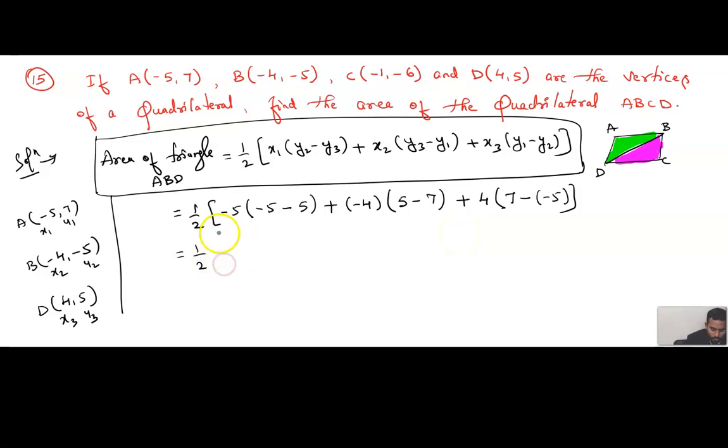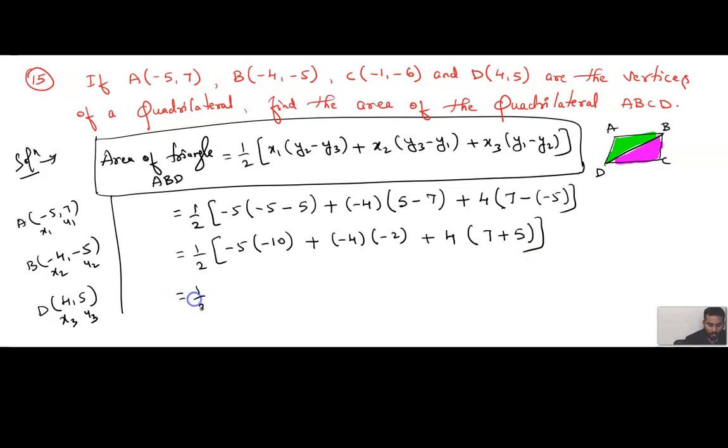Now we can see the steps. Half into minus 5 into (minus 5 minus 5, that is minus 10), plus, let this minus 4 be as it is, (5 minus 7 is minus 2. In 5 we cannot subtract 7, so 7 minus 5 is 2, with a minus sign), then plus 4 into (7 plus 5), close the main bracket.